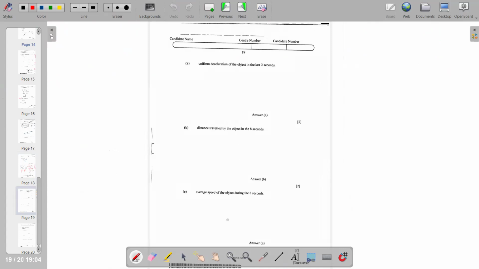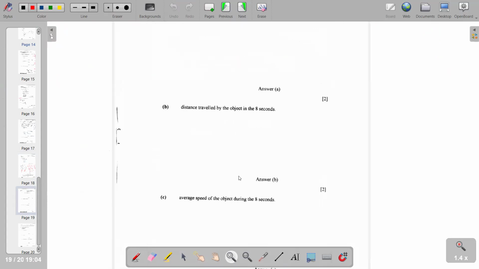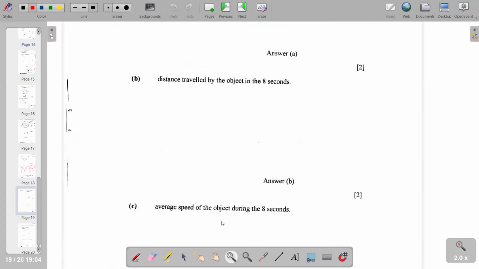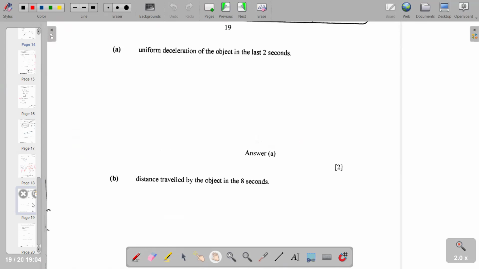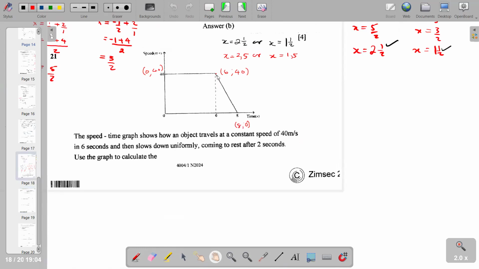Then we go to the next question. They are saying determine the uniform deceleration of the object in the last 2 seconds. So we are going to concentrate on this last part. It means we need the coordinates here and the coordinates there.